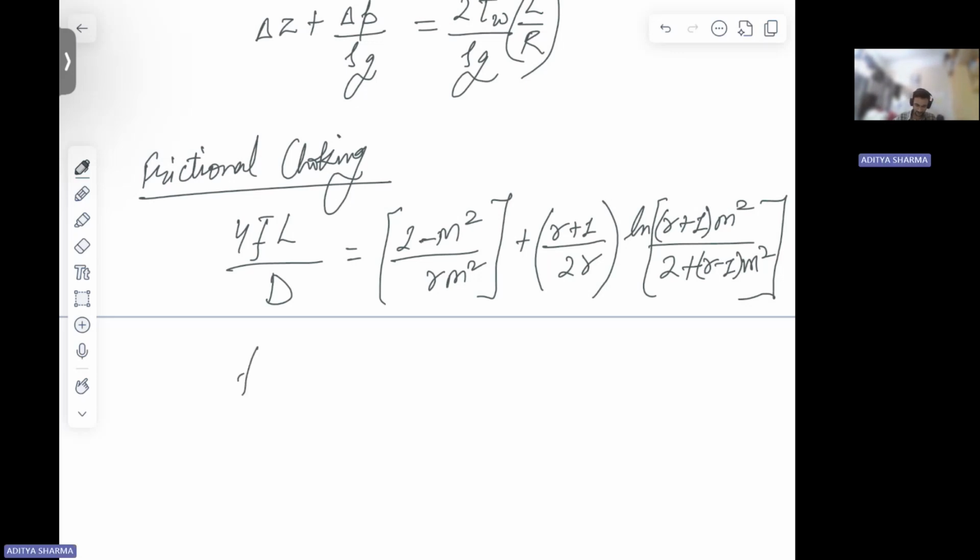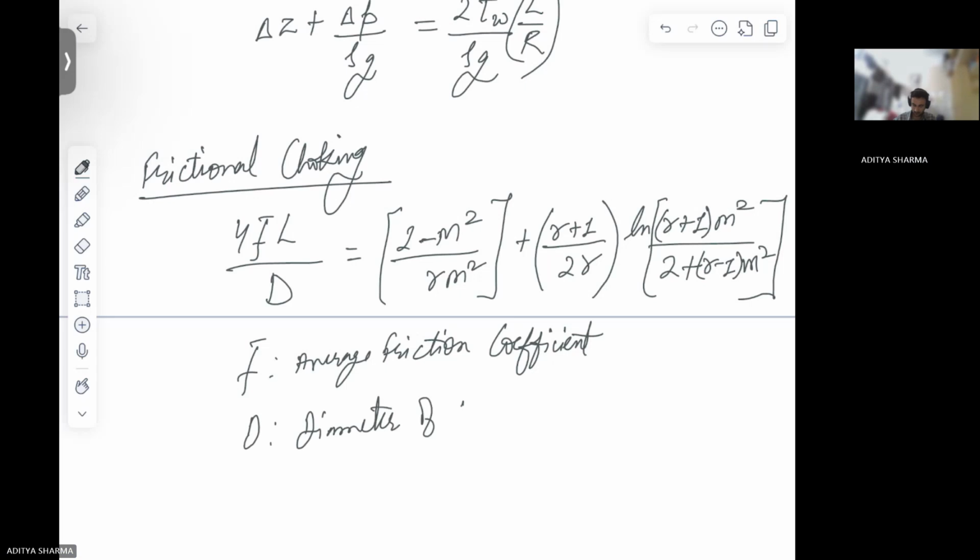Now here, this is average friction coefficient. D is diameter of cylindrical control volume.